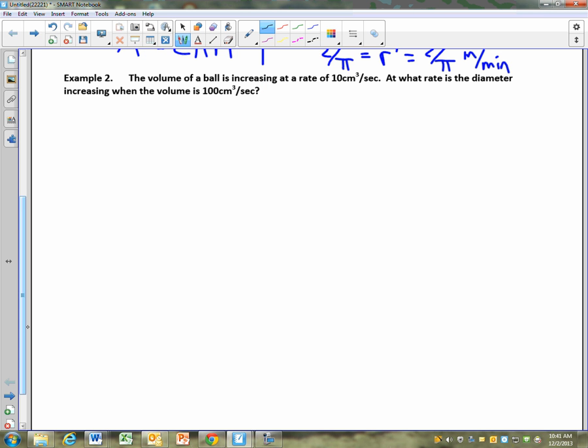The volume of a ball is increasing at a rate of 10 cubic centimeters per second. What rate is the diameter increasing when the volume is 100 cubic centimeters? Not per second, but just volume is 100 cubic centimeters, okay?